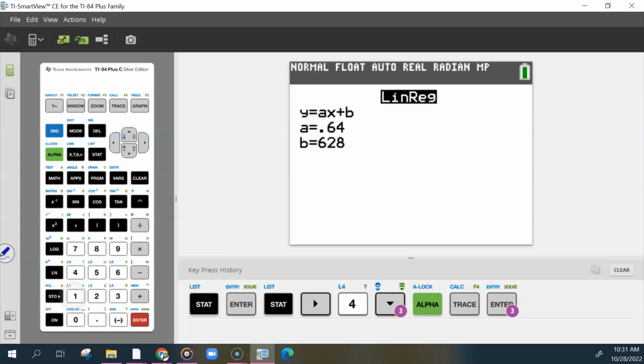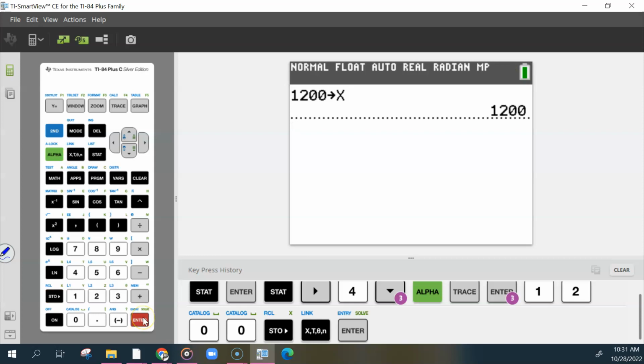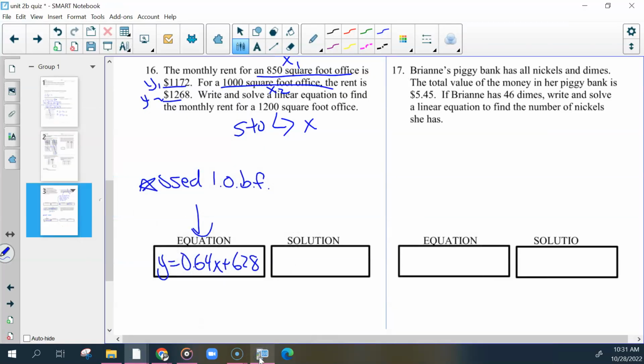So I'm going to type in 1200, STO, x, and enter. And then alpha trace, and then enter twice. And 1396 would be my final answer for that. We're looking for cost, so that should be dollars.